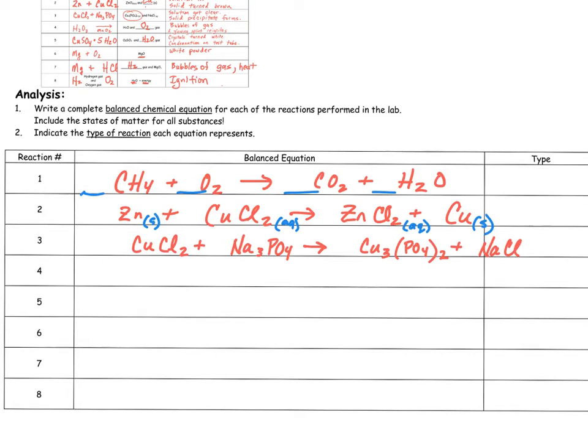Now, remember to leave space for the coefficients, and this one we may also want to write in the fact that of the products here, one of them is a solid, that's the precipitate, and one is aqueous, stays dissolved in the solution. All right, when we started, both of them were aqueous, and when we ended, one of them was a solid, the copper phosphate.